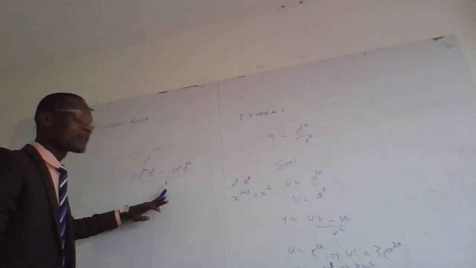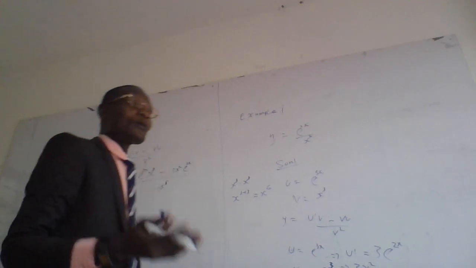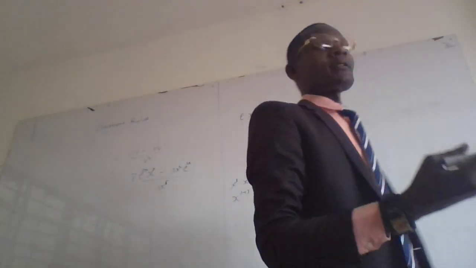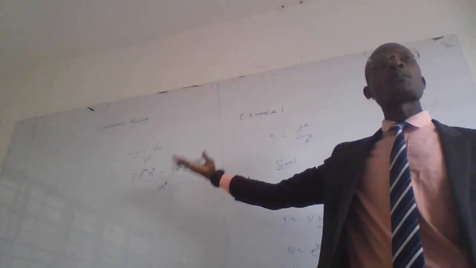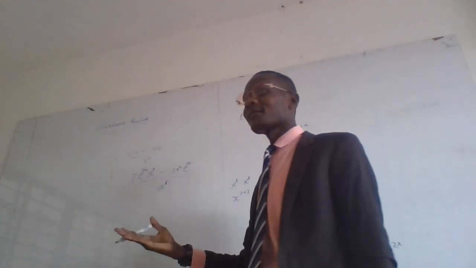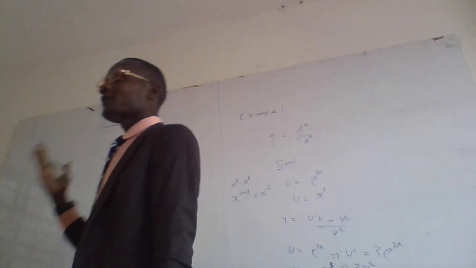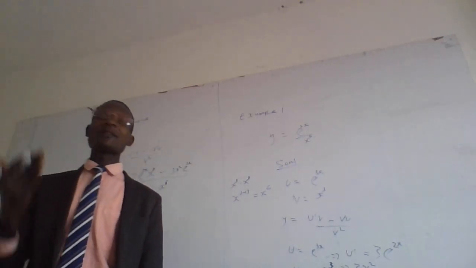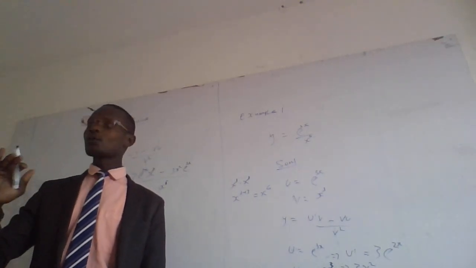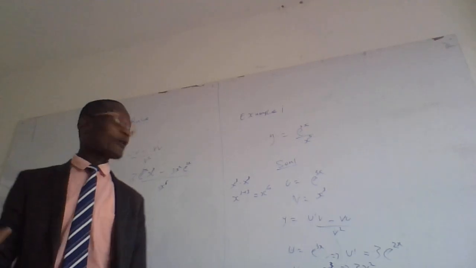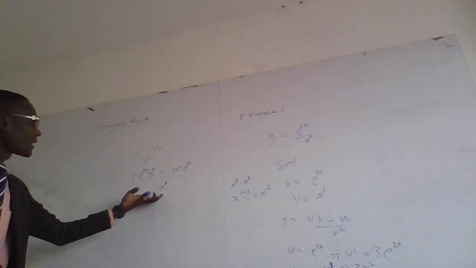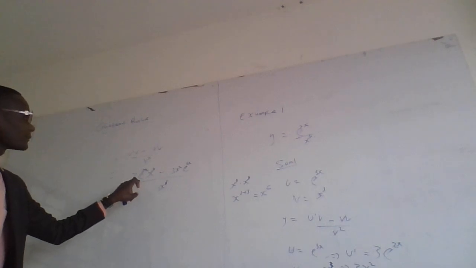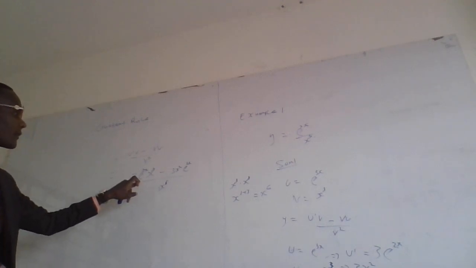Up to this point, let some other people leave it here. But as physicists and mathematicians, we're not supposed to leave our answers at that point. If asked, by mathematical principles we make sure that we simplify our answers to the simplest form. Now, up to this point, what is it that can be factored? What is common here?